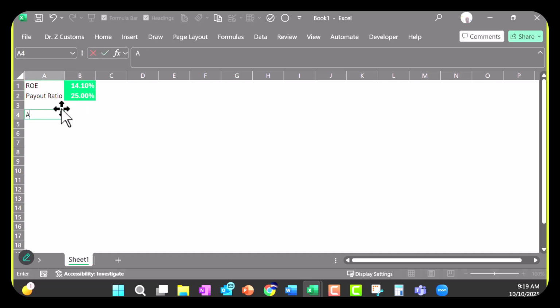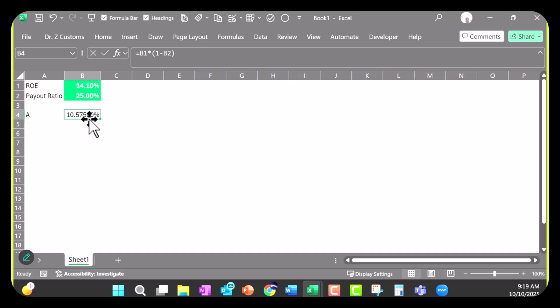So I'm going to calculate my A, ROE times 1 minus payout. It doesn't have to be percent. And my SGR is going to be A divided by 1 minus A.